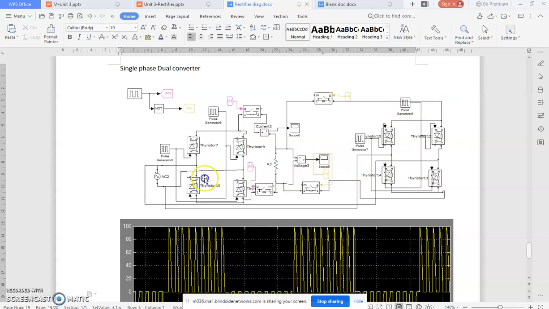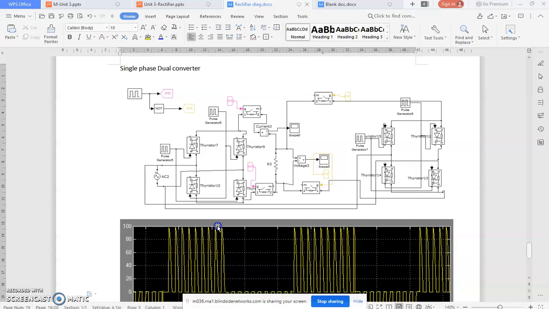Then the next one, a girl, is coming. The security says, okay, you can wait. After some 30 seconds, then the A converter is permitted. So it is operated like this: A converter, break, B converter, break, A converter. This is called a dual converter. See how I am saying, it is a break.